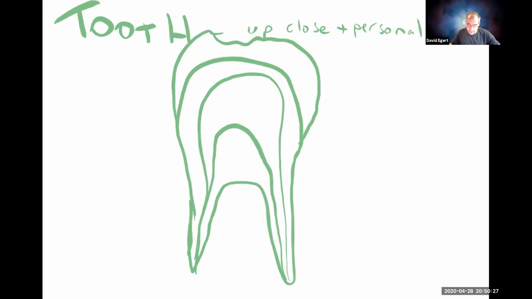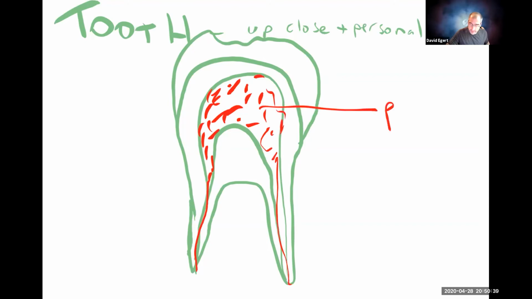It's Tommy the tooth. Inside the tooth is what's called the pulp cavity. There are blood vessels and nerves and different kinds of connective tissue in there.